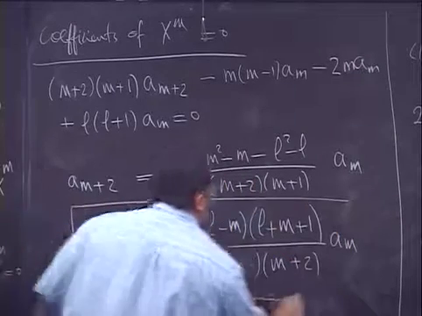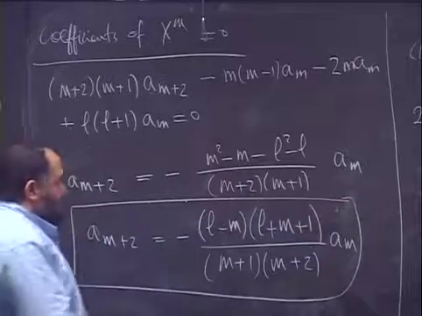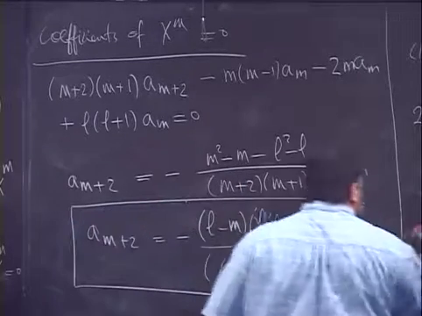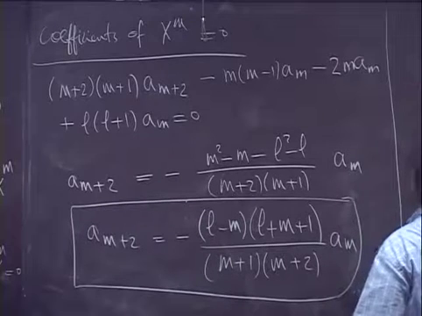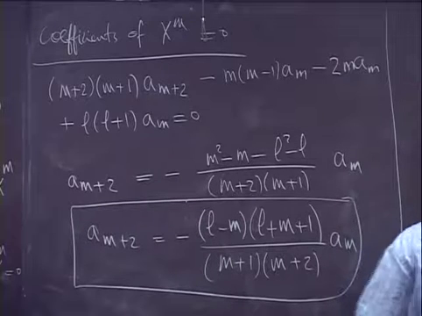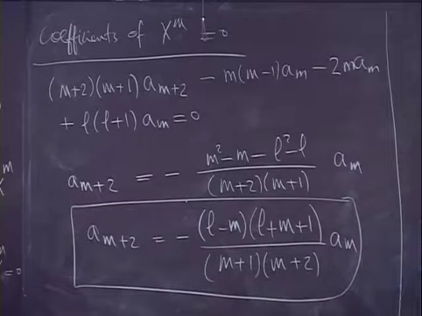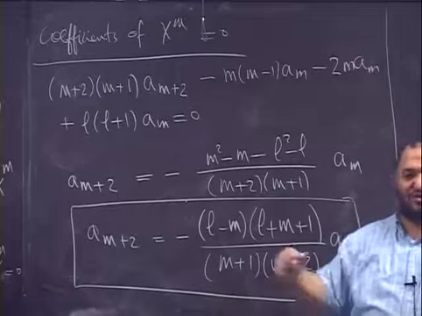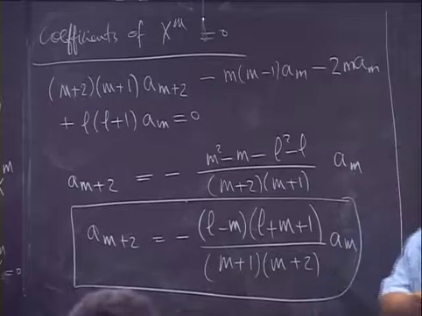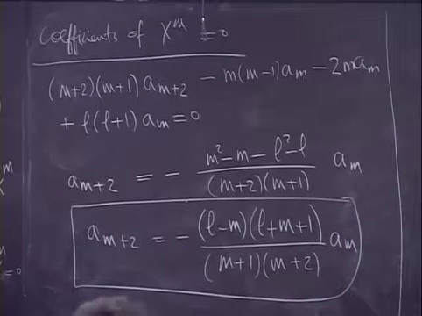This is the recurrence relation for the Legendre equation. So let's check this recurrence relation. It's a little bit tricky. It's not easy like before, when we solved it for the exponential function or cosine and sine, where we collected the terms from x to the same power.